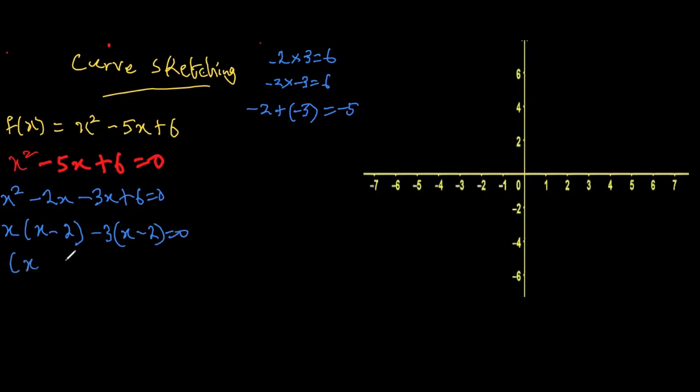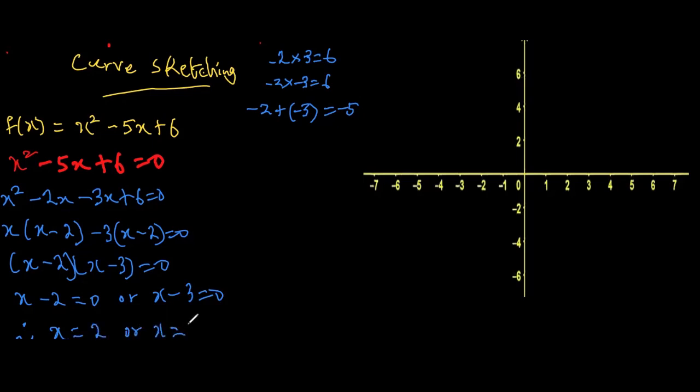So we have x minus 2, x minus 3 equals 0. Solving, we say either x minus 2 equals 0 or x minus 3 equals 0. Therefore, x equals 2 or x equals 3.